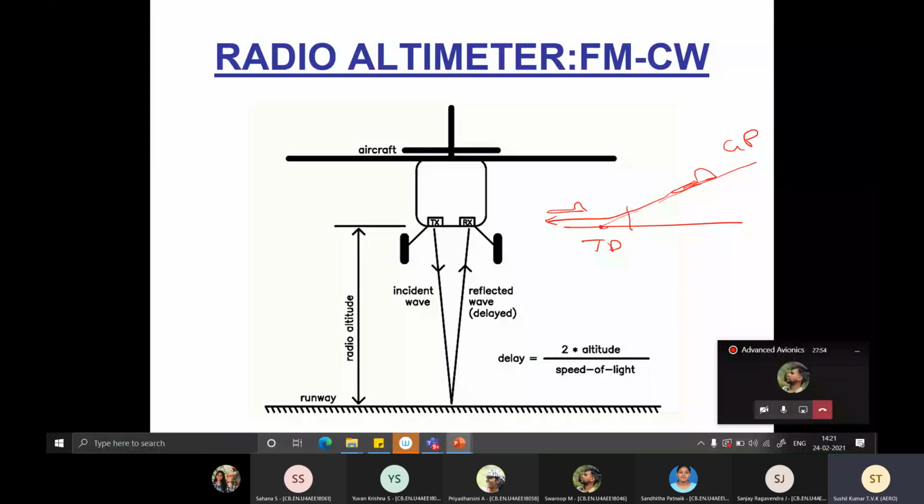So it is used only at this particular point, say around 50 feet. I don't remember the exact numbers, but around 50 feet or 100 feet, or maybe 200 feet at the most. So, what do you think will be the problem with the conventional radar?